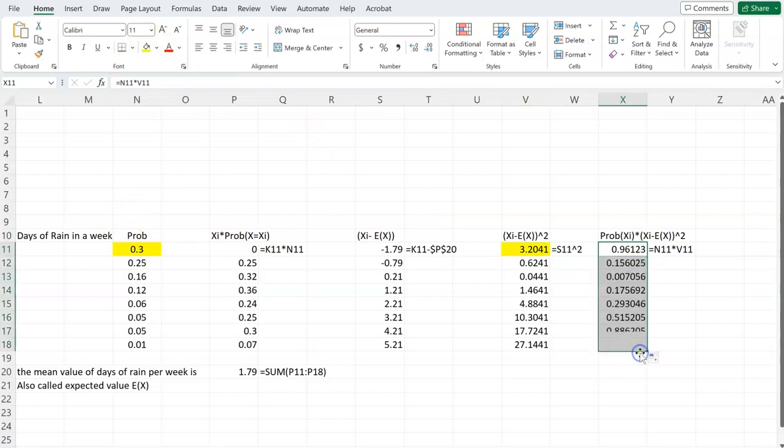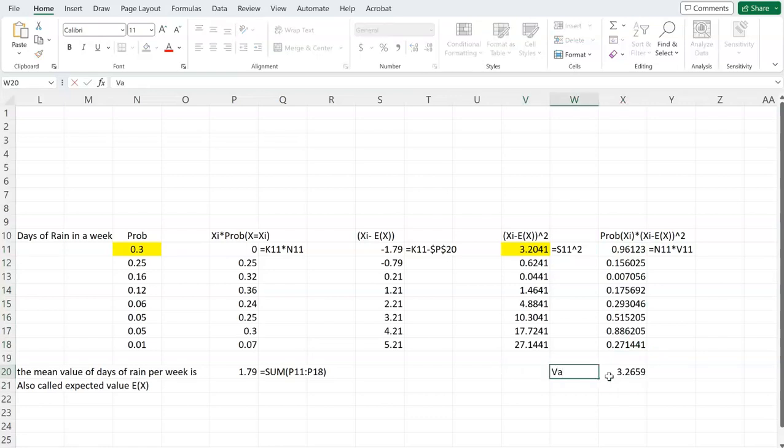I copy all the formula all the way down. And then finally, I'm going to add this column. And so this is going to be my variance. And so my standard deviation will be just the square root of variance. But first, let me copy this formula and put it on the side. And my standard deviation is going to be just the square root of this number.